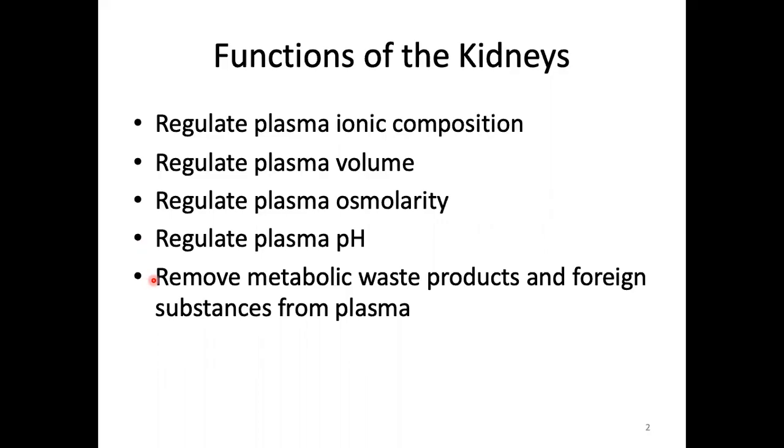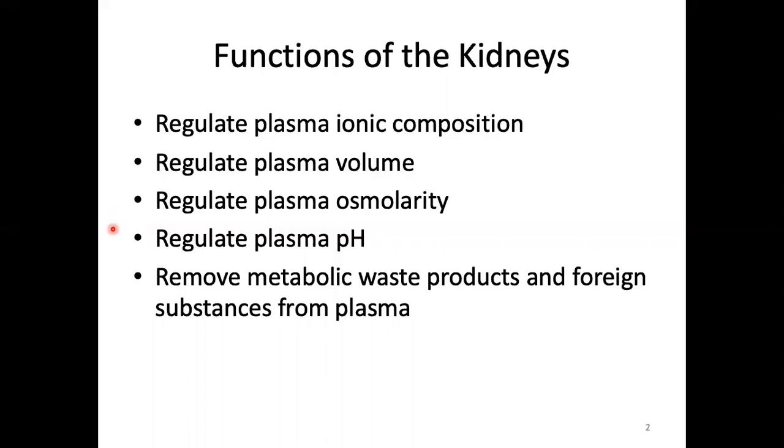So when you think of homeostasis of the body, one of the main organs that regulates plasma is going to be the kidneys. The kidneys, in conjunction with the lungs, regulate CO2 levels, regulate ion concentration of the plasma, and maintain homeostasis in the body.